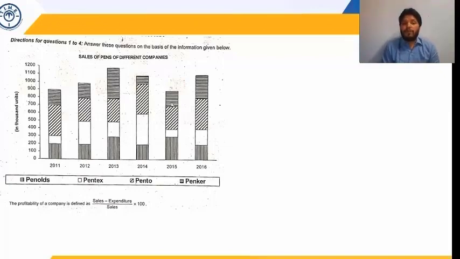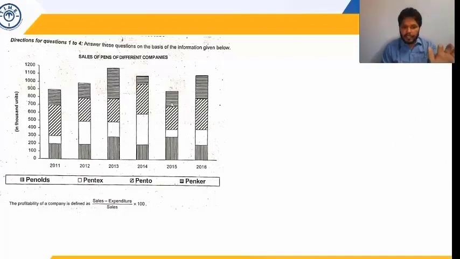For example, if we know that the price of one pen of Penoid is rupees 10, and in total we have sold 200,000 units or 2 lakh units, then the sales revenue which we got from that sale is going to be 200,000 or 2 lakh into 10. What is 2 lakh into 10? It is 20 lakhs. So in that case, we have just got the value of sales revenue.